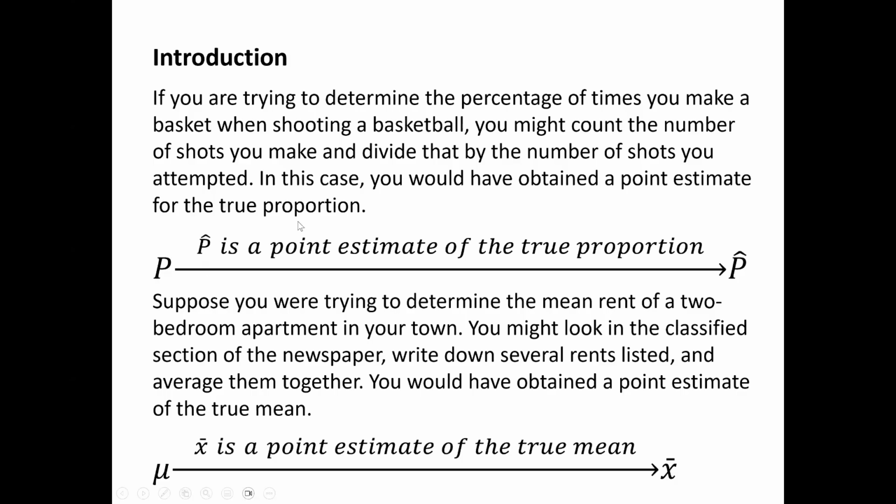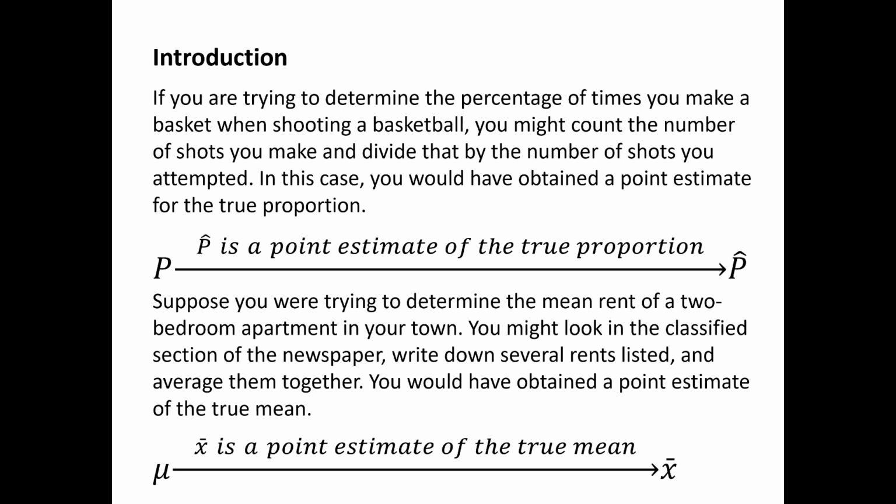So if you're trying to determine the percentage of times you make a basket when shooting a basketball, you might count the number of shots you make and then divide that by the number of shots you attempted.